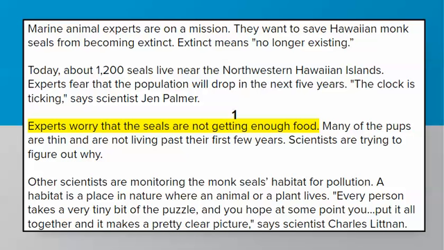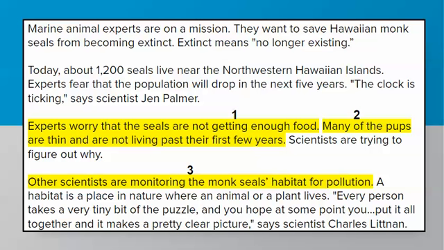I'm going to reword that and put that in my packet now. Another example that I'm finding that supports my main idea: many of the pups are thin and are not living past their first few years. I can also maybe shorten that sentence and put it in my own words. And another one I found: other scientists are monitoring the monk seal's habitat for pollution.